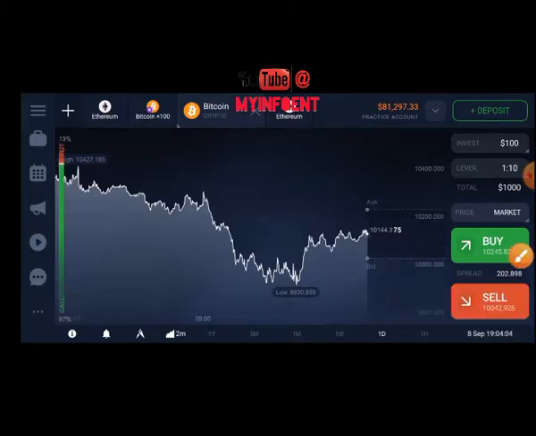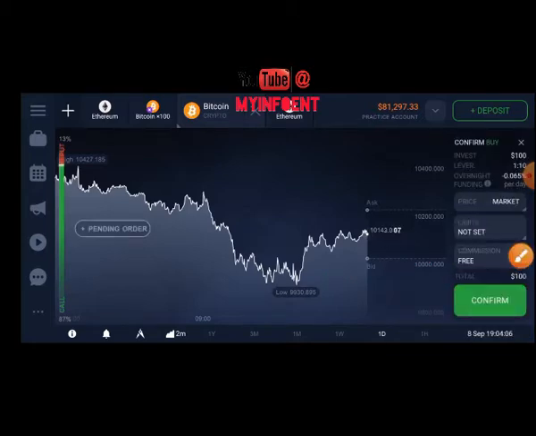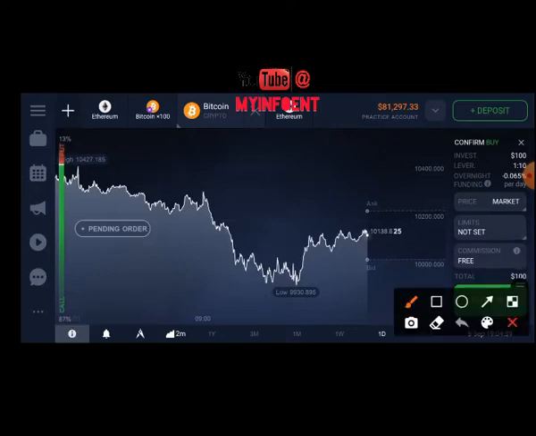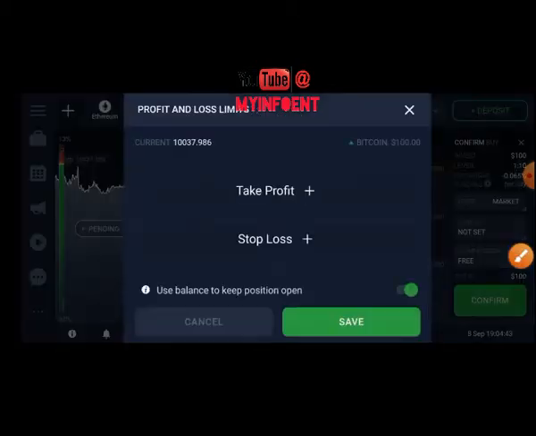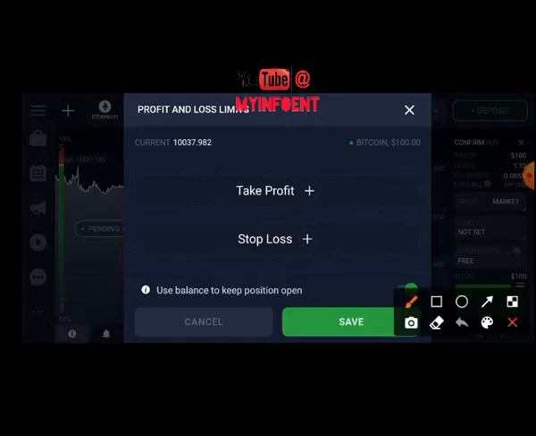If you click the buy button, this is what will pop up. If you look at limits now, this is where you set your stop loss and take profit. How does it work? Once you click on it, you see something like this. This is take profit, this is stop loss.